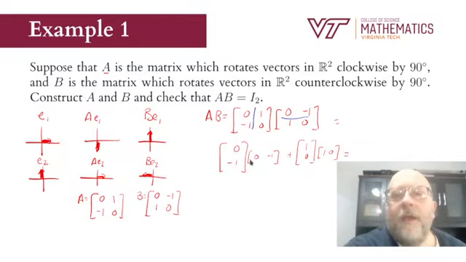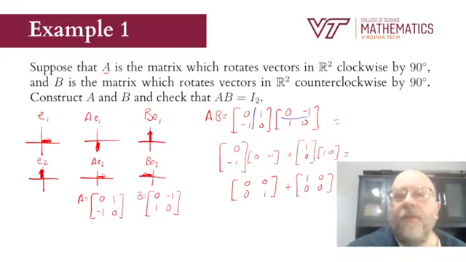All right, 0, -1 times 0 is just 0, 0. 0, -1 times -1 is 0, +1. 1, 0 times 1 is 1, 0. 1, 0 times 0 is 0, 0.